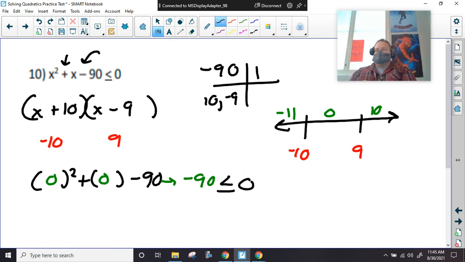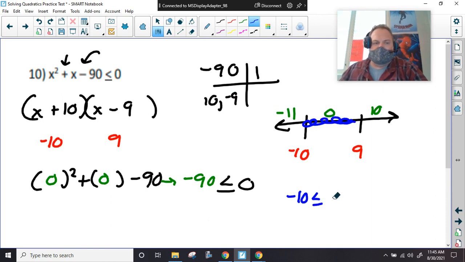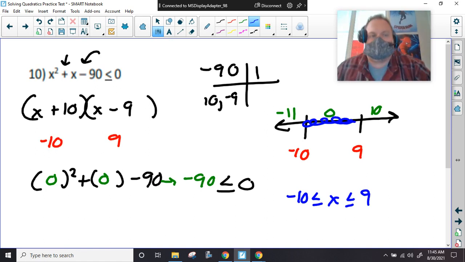All right. Is negative 90, because that's what we get when we plug in 0, less than or equal to 0? Yeah. So here are where all our solutions would be. It would be between this. That's okay. If you have trouble with the formatting of writing it, like how the answer is supposed to be, just ask me tomorrow during the test.